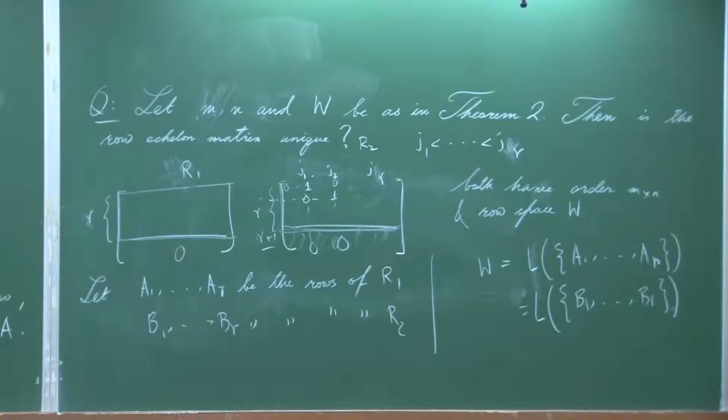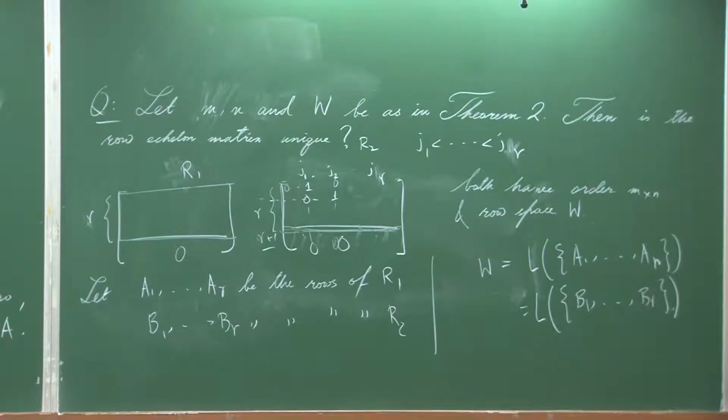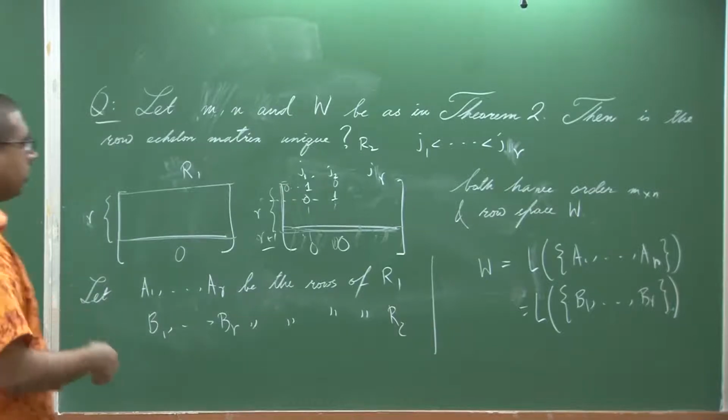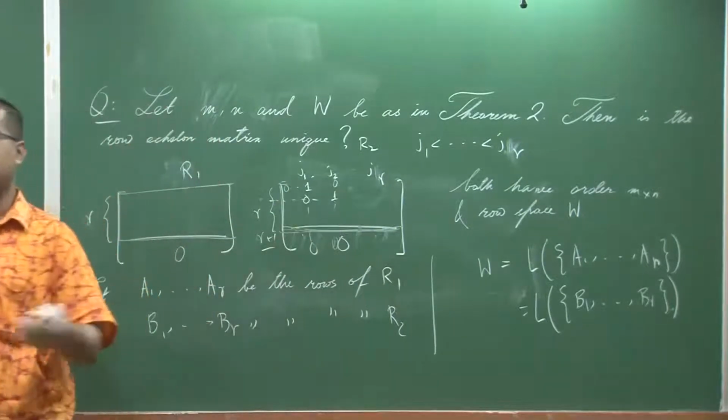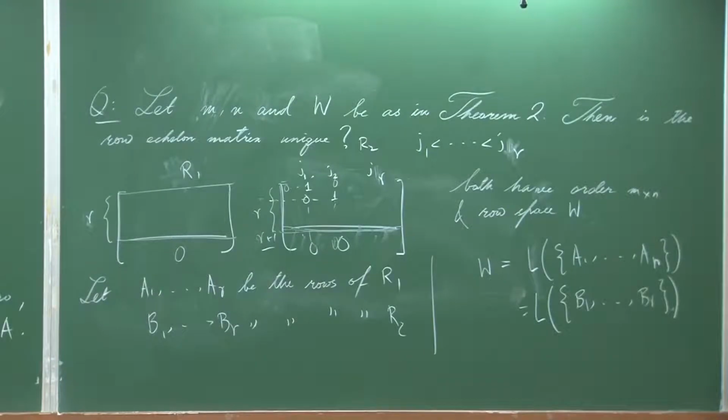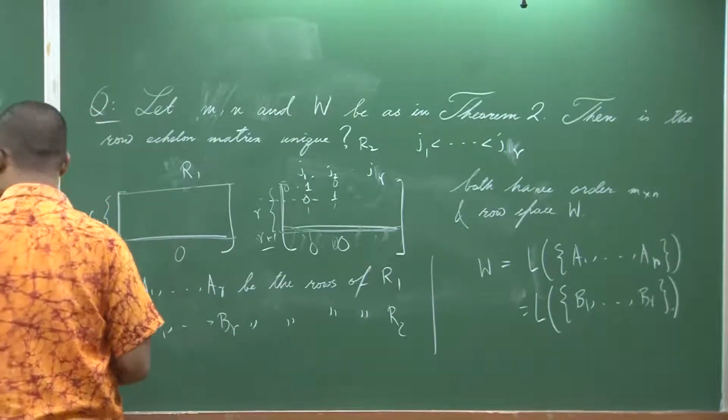Now, in the first, or maybe third, lecture we proved that a given matrix can be row equivalent to exactly one row echelon matrix. So, from the uniqueness of the row echelon form, it will be an immediate consequence that R1 equals R2.